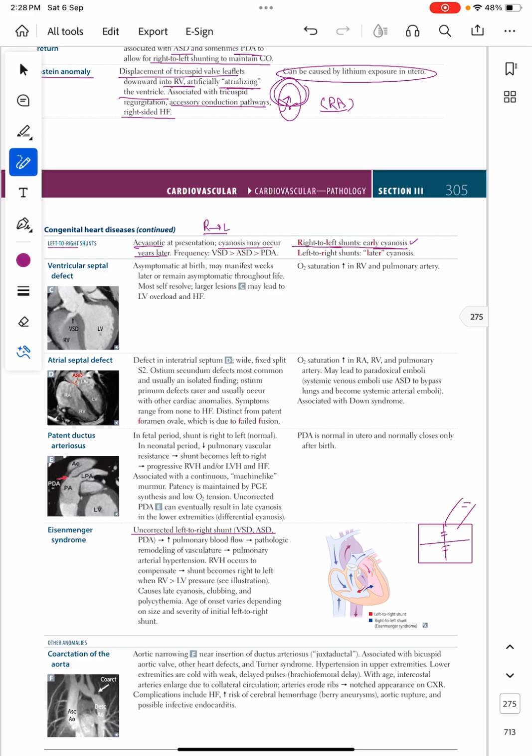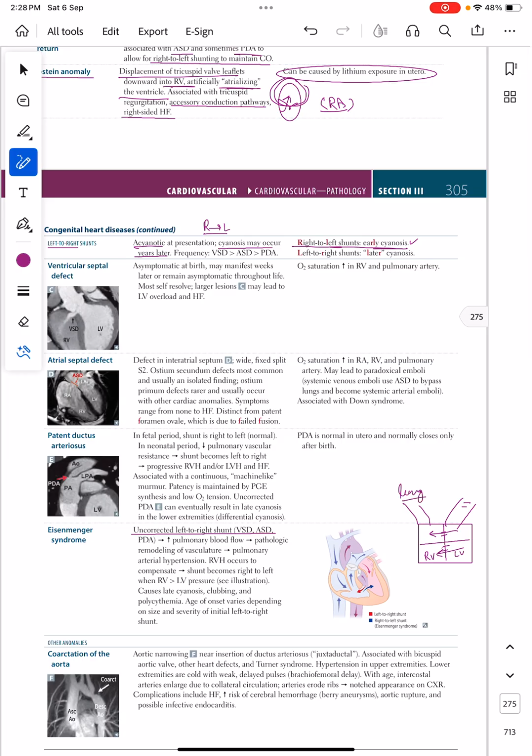The blood flow on the right side increases because the left sided pressures are more and the right sided pressures are low. So there is a constant flow of blood from the left side to the right side, which eventually increases the right sided pressure.